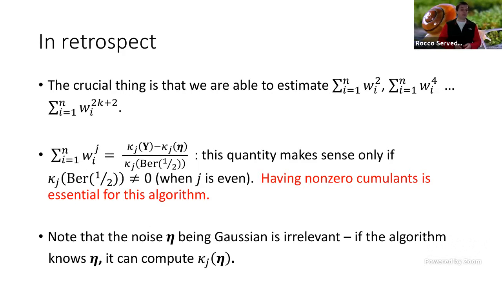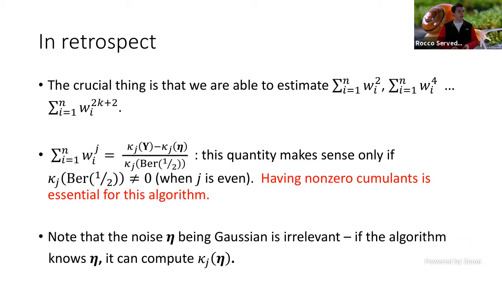So this worked out well for us because the +1 -1 uniform distribution has these non-zero cumulants. So what we wrote down makes sense, right? This is a quantity that we could hope to estimate. The noise didn't really matter. Again, that was just this, minus the jth cumulant of the noise on top.